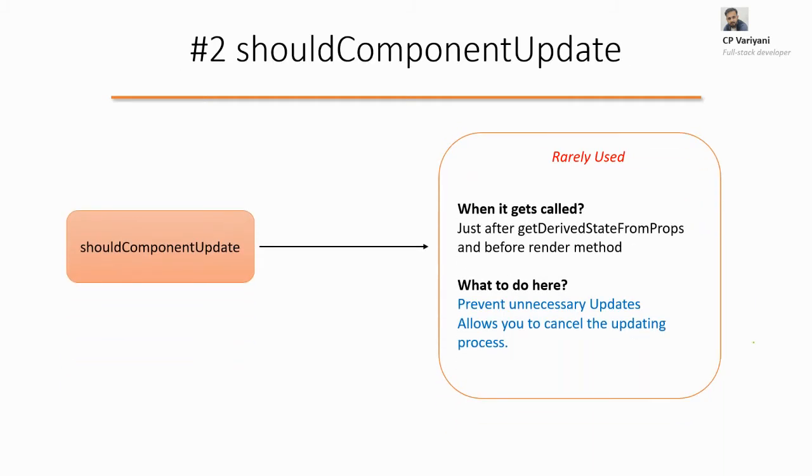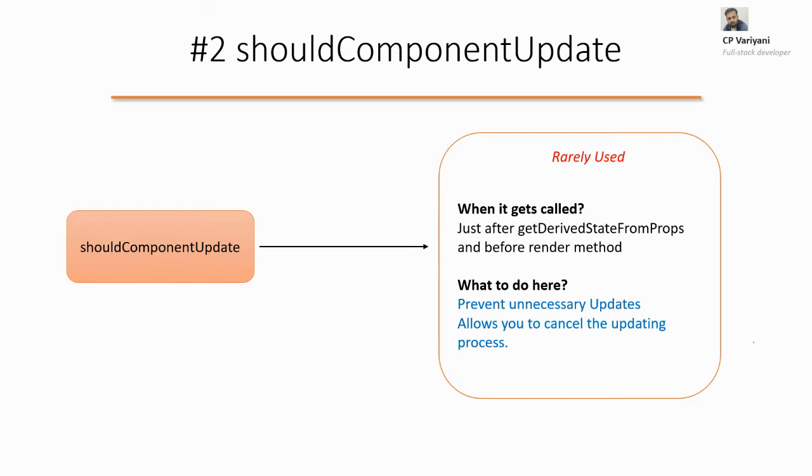Then we have shouldComponentUpdate. Again, this is very rarely used, but the impact is that if you want to prevent the updates from happening, normally the updates will happen, whatever change you have requested, it will impact that change. But if you want to stop that change, then you can make use of shouldComponentUpdate.